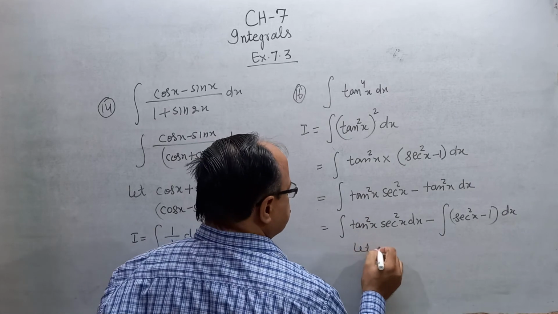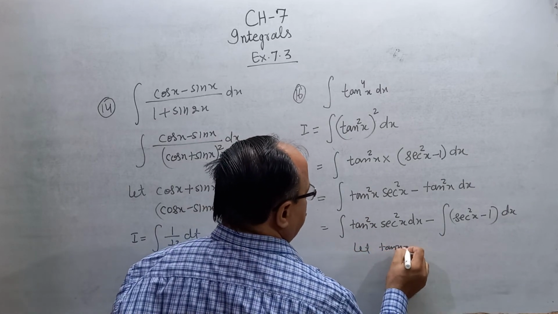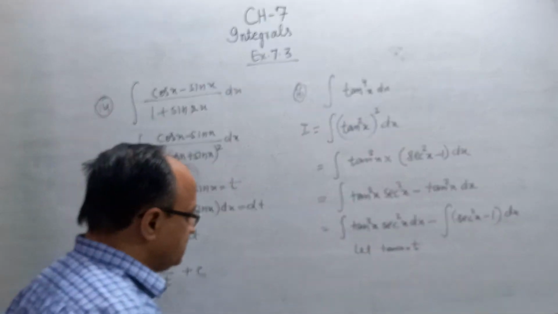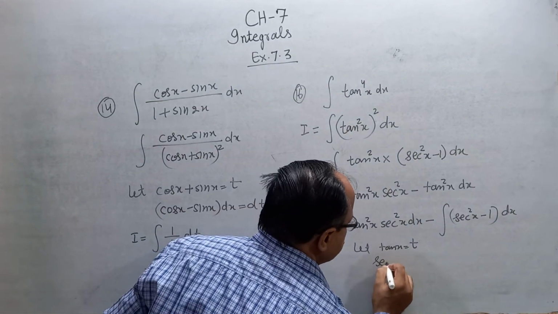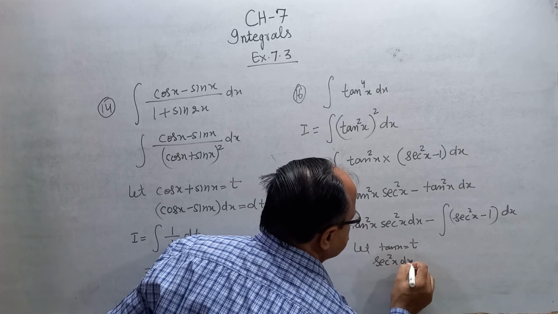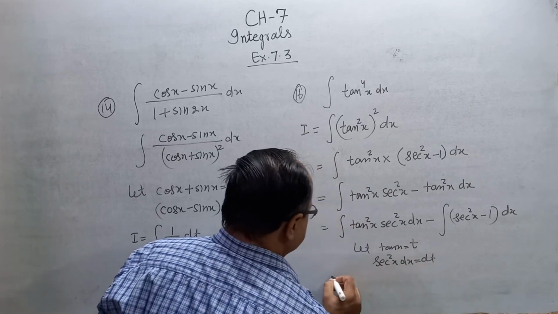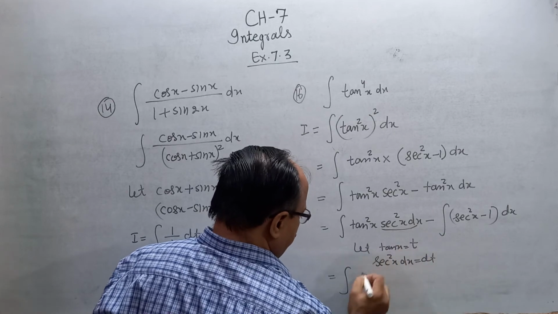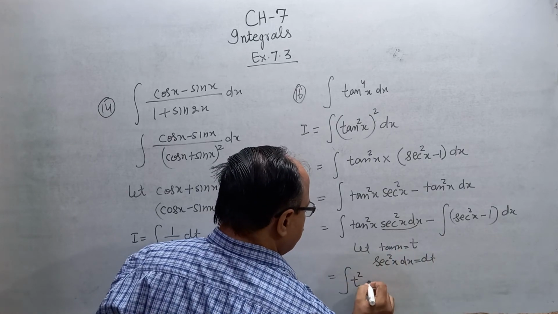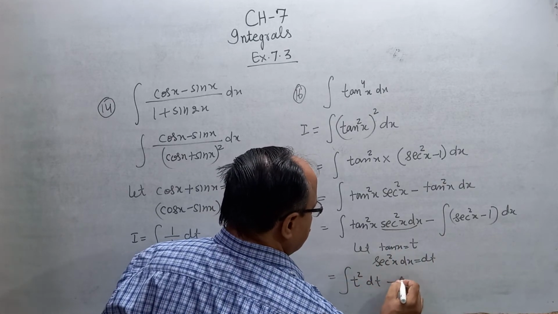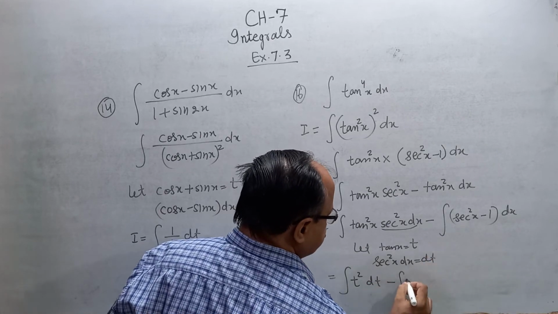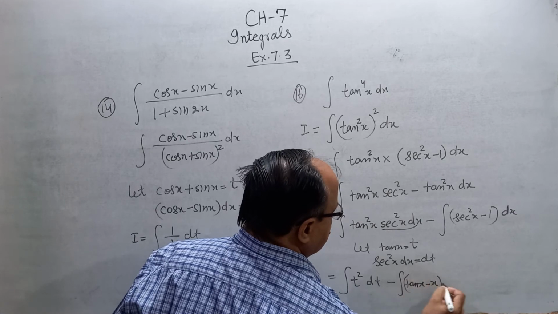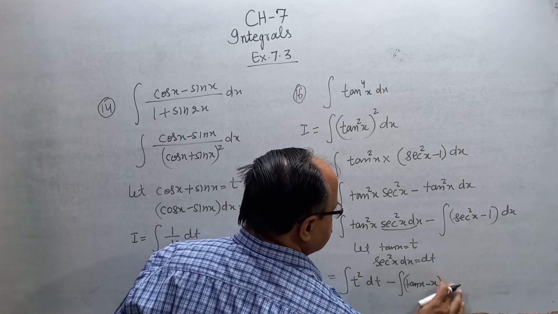Here let tan x be equal to t, and the derivative of tan x, that is sec square x dx, is equal to dt. Sec square x dx converts into dt, so t square dt minus integration of sec square x minus 1, that is tan x minus x.